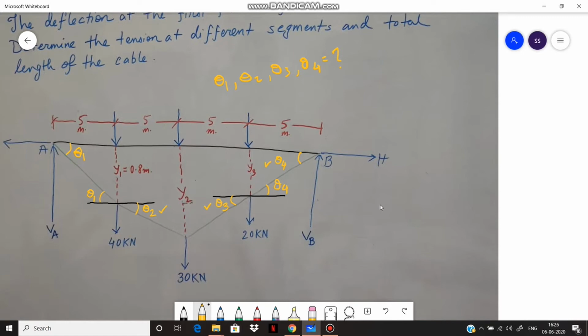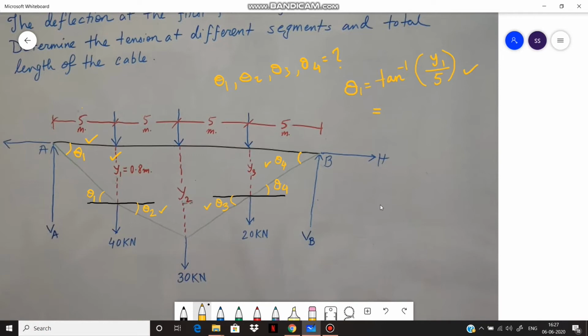So in order to calculate, applying the geometry, we have theta 1 equals to tan inverse y1 by 5, that is, if this is base and this is height, so height by base, as per the trigonometry we have tan theta, so theta 1 equals to tan inverse y1 by 5.